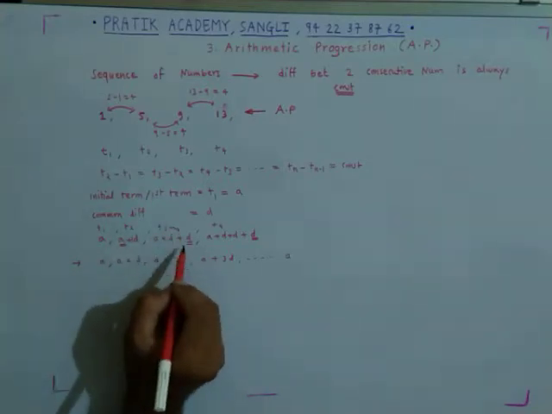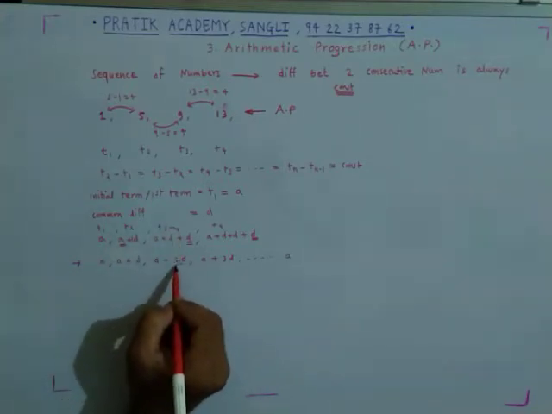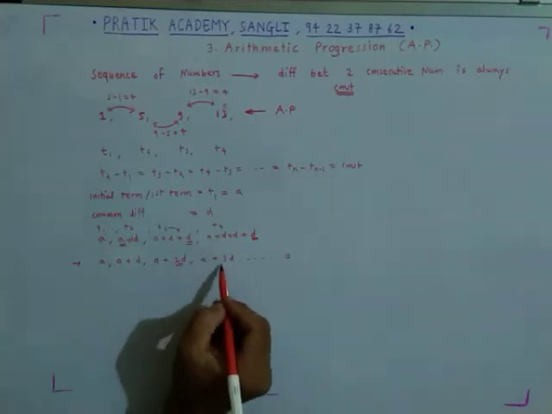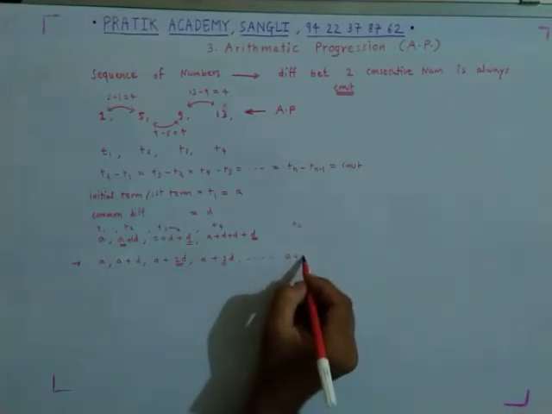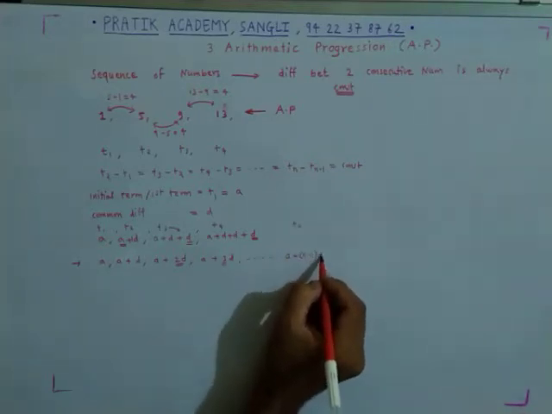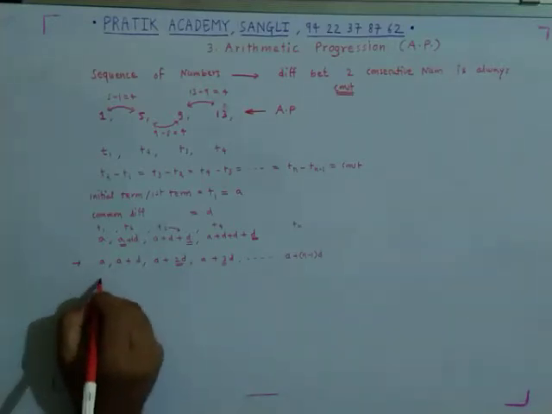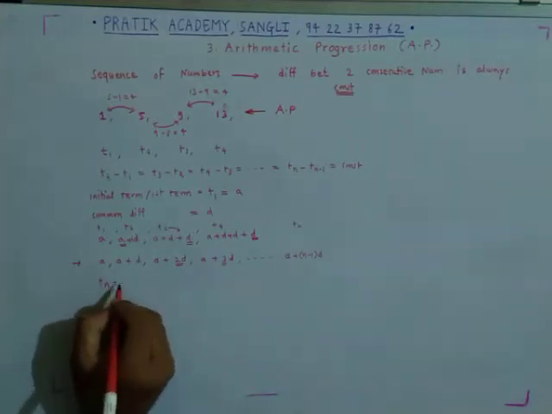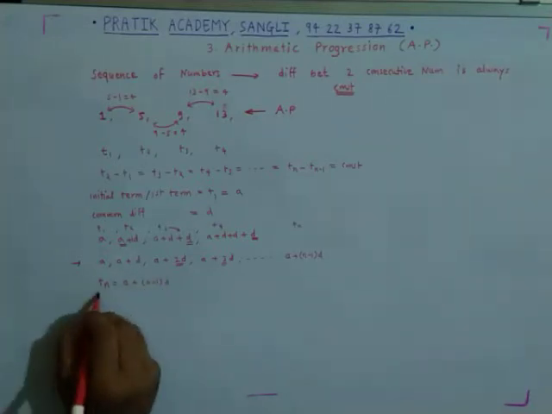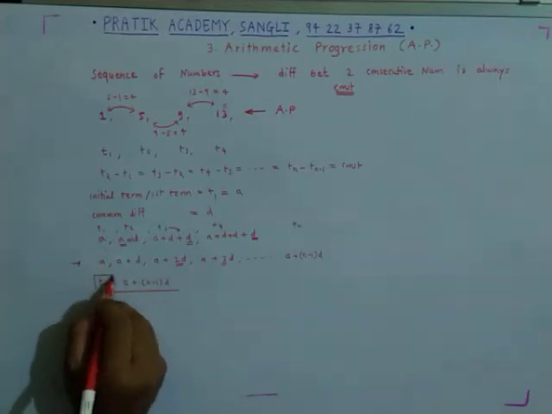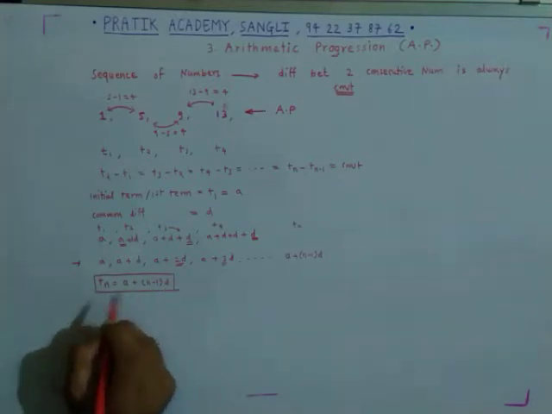For the third term, we added 2 times d. For the fourth term, 3 times d. So for the nth term, there will be n minus 1 times d. So our next formula is Tn equals a plus n minus 1 into d. So this is about AP.